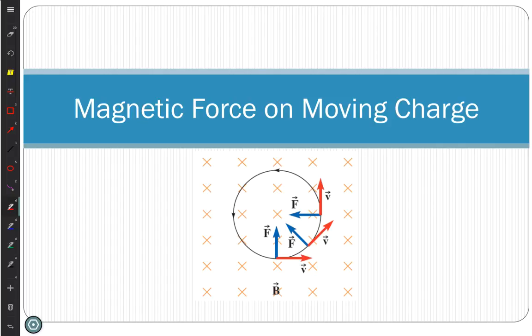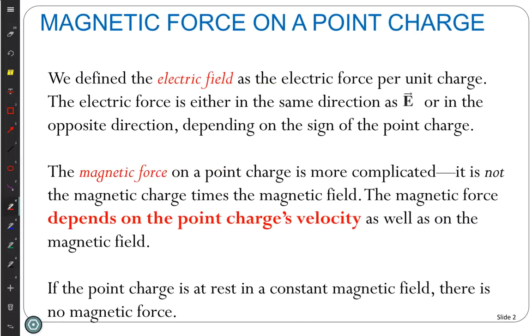And you might remember from yesterday, I said we are not going to have situations where we calculate the force between two magnets. We're going to calculate the force on moving charges. So that's the title today, magnetic force on a moving charge. First, with the electric force, we defined an electric field. With the gravitational force, we defined a gravitational field.